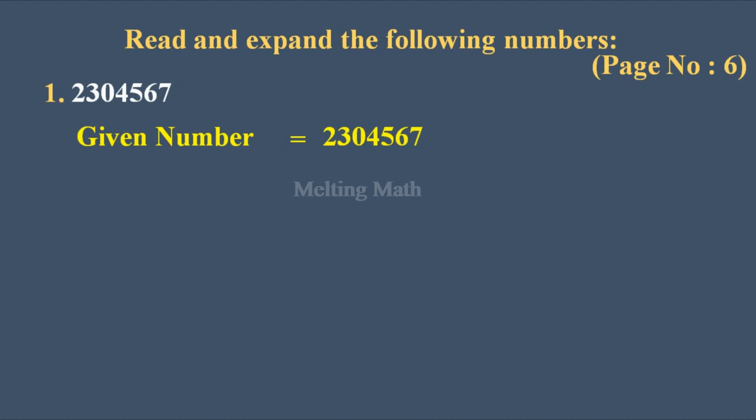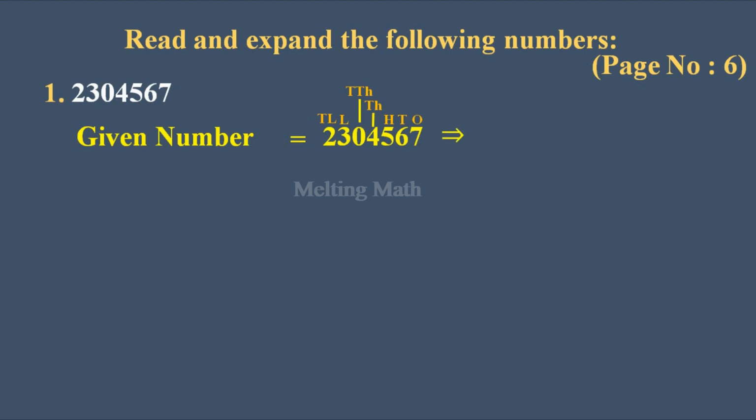Okay, we know the last digit 7 is in the ones place, next 6 is in tens, next 5 is in hundreds, next 4 is in thousands, next 0 is in 10,000s, next 3 is in lakh, next 2 is in 10 lakh places. Based on the places we can put the commas in this number.